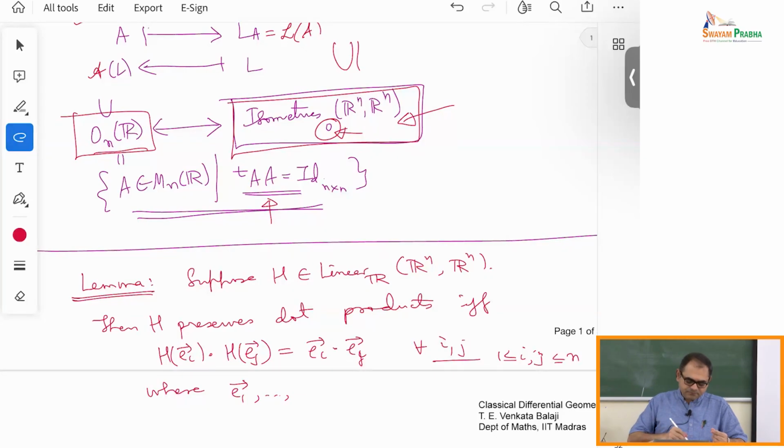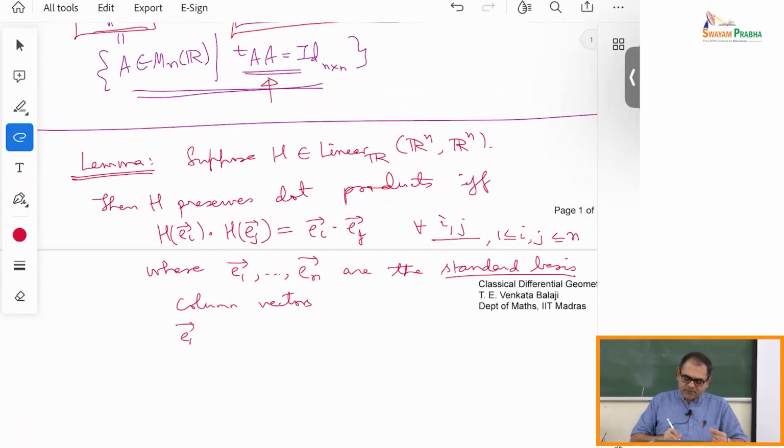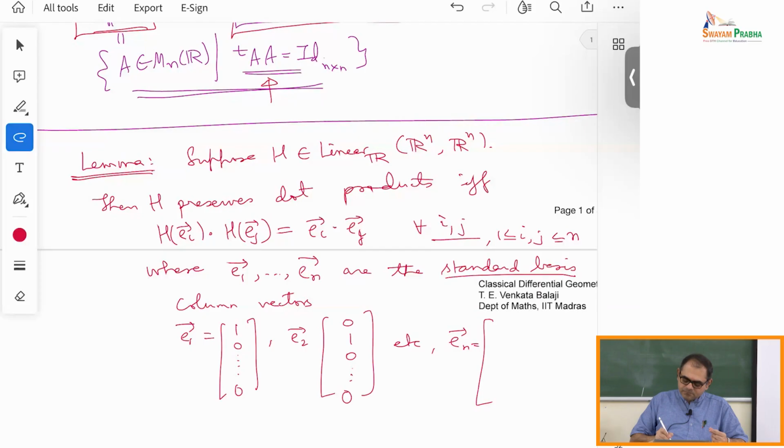So e1 is 1 0 0 0, e2 is going to be 0 1 0, etc. And en is going to be 0 dot dot dot 0 1.